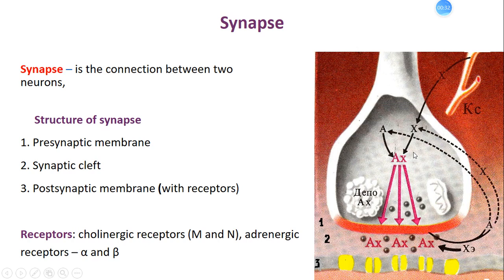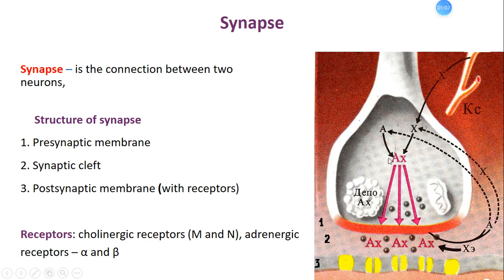And a synapse is a connection between two neurons. It's a junction between two neurons, and usually the synapse is formed by the axon ending of one neuron, and the axon ending becomes bigger, larger.